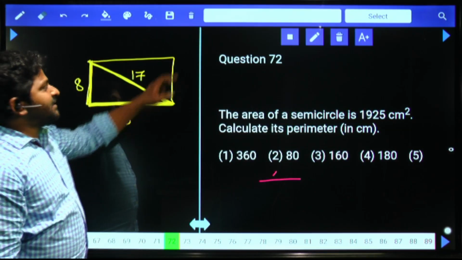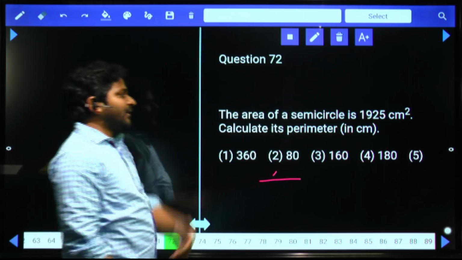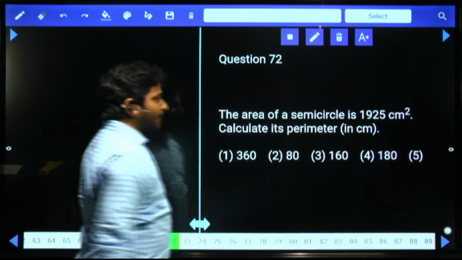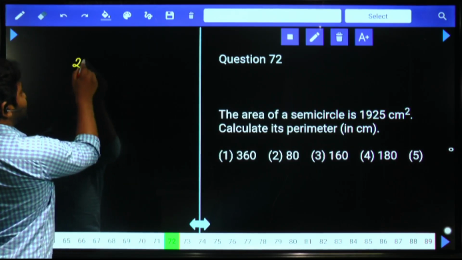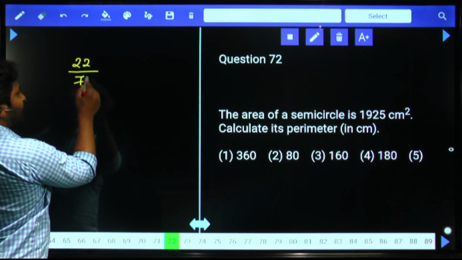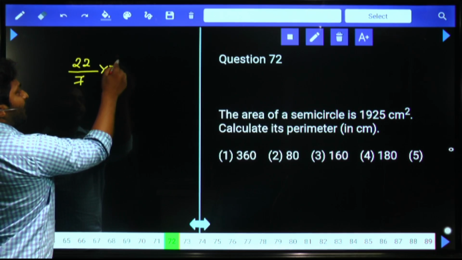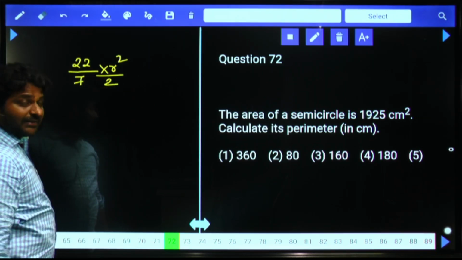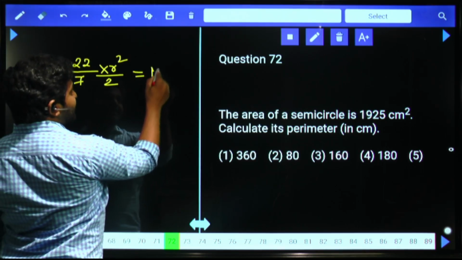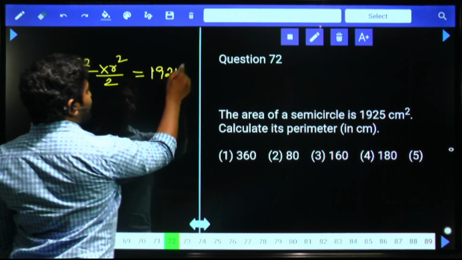The area of the semicircle is 1925. Calculate its perimeter. Okay. Semicircle area is pi r square by 2, pi in the sense 22 by 7, r square. This is total circle area, but for a semicircle we divide by 2, half of that. And this value is equal to 1925.